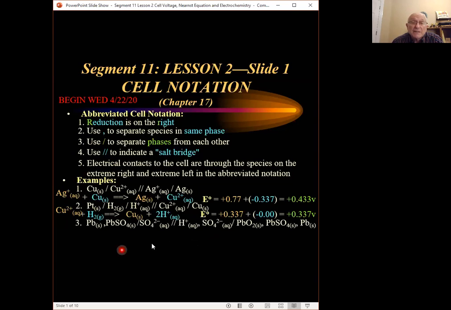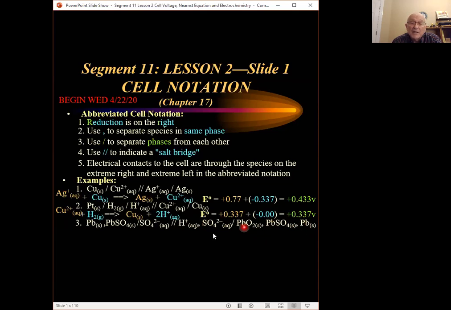Now let's look at this one. This one is actually your lead storage battery in your car. Again, we're going to locate that salt bridge right there in the middle, and whatever we've got on the right is the reduction cell. And what we're going to do is take hydrogen ion and sulfate, and make lead dioxide, lead sulfate, and lead.